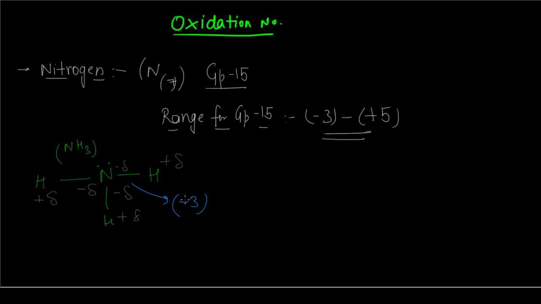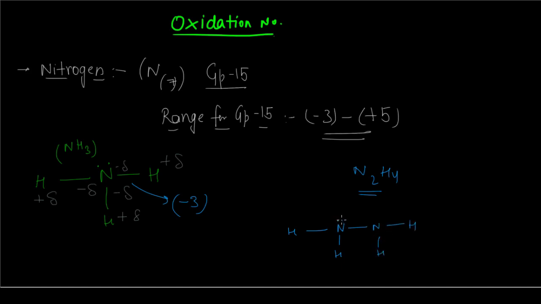Another example we can take is that of hydrazine, which is N2H4. The structure of hydrazine is nitrogen forming 2 covalent bonds with hydrogen, then a single bond with another nitrogen, which again bonds with 2 hydrogens.